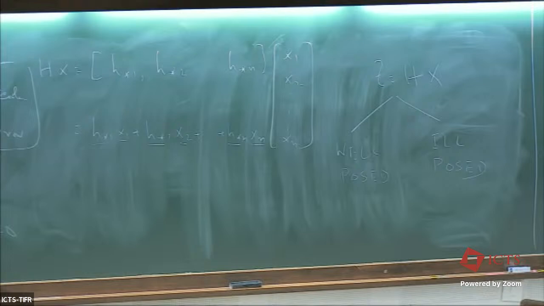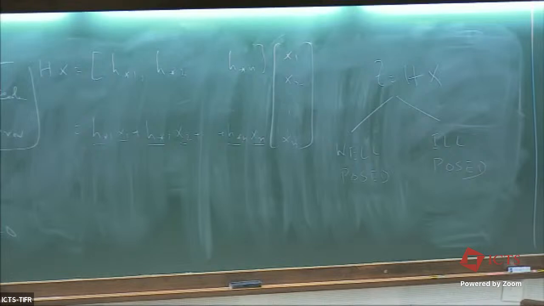If the columns of matrix H are not linearly independent, that leads to what is called collinearity. When do you lose linear independence? When there is collinearity between vectors. So an ill-posed problem arises largely because the columns of H have some collinearity issue.